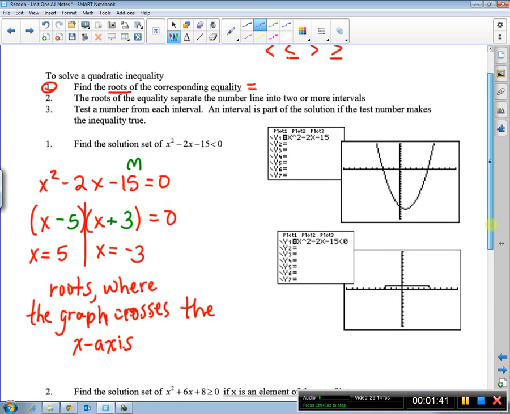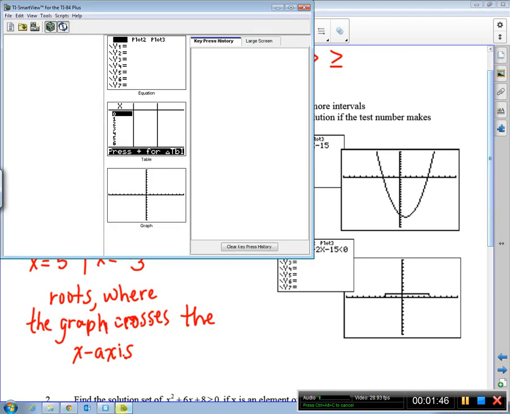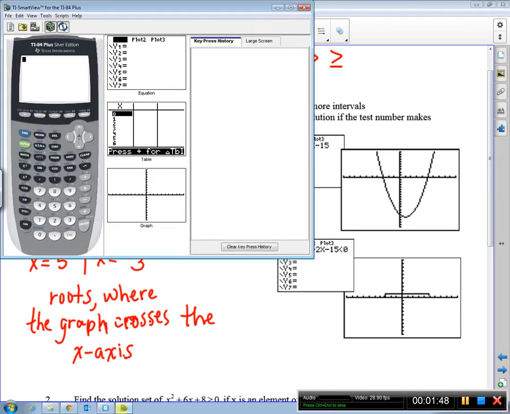So what we're going to do today is we're actually going to take our graphing calculator and put this into the calculator.